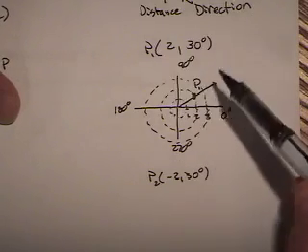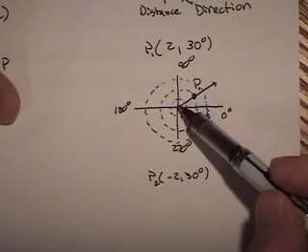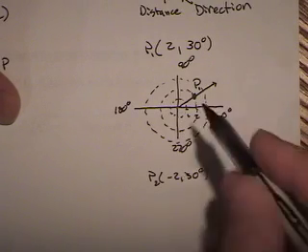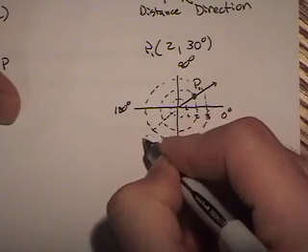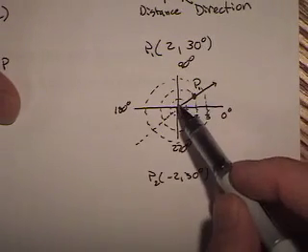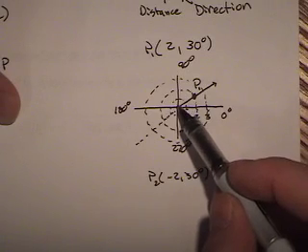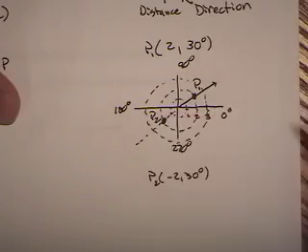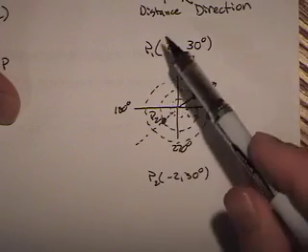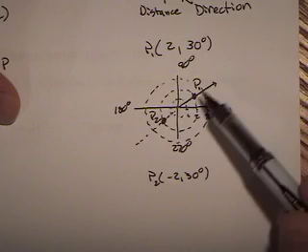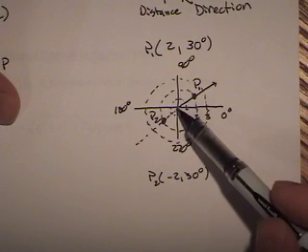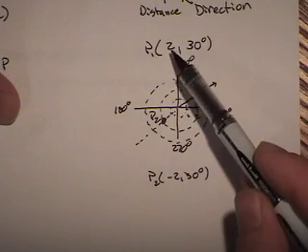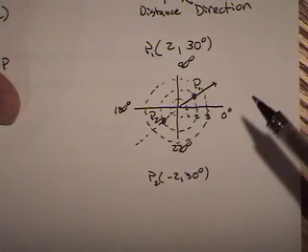The 2 means you go positive 2, you step out 2 towards your angle. Negative just means you don't go forward from the origin, you step backwards. So I go 1, 2, backwards, and that'd be my new point 2. Positive means you step in the direction you're facing. If you were standing on the origin and turned 30 degrees, you'd step forward for 2. If it was negative, you'd step backward for 2.